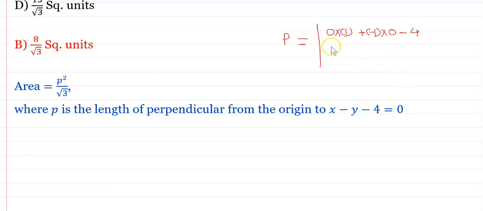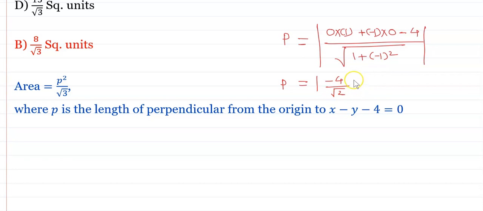Minus 4 upon root of coefficient of x, that is 1 square, plus minus 1 square, and therefore here you will get p is equals to mod of minus 4 upon 1 plus 1, that is root 2.